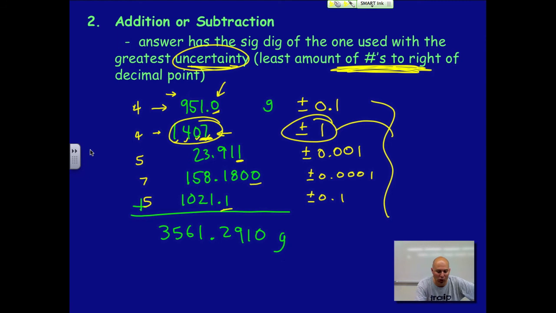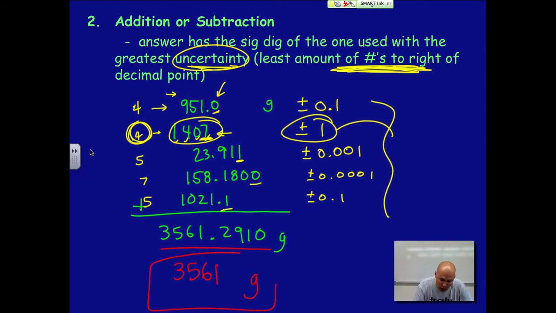So very simple, we keep the significant digits of that number. So the answer will have 4 significant digits. Here it is, 3, 5, 6, 1, and I would stop right there. No other numbers, no decimal numbers. Recognize again that we did have 4 significant digits in both of those, but this is the one that we're following because it has the greatest uncertainty of all these 5 numbers.